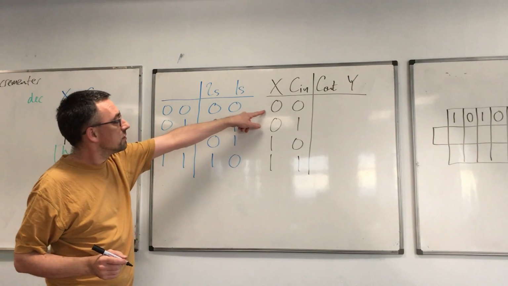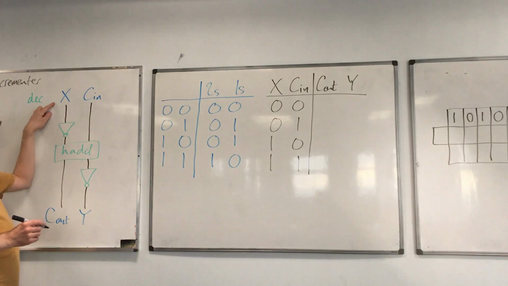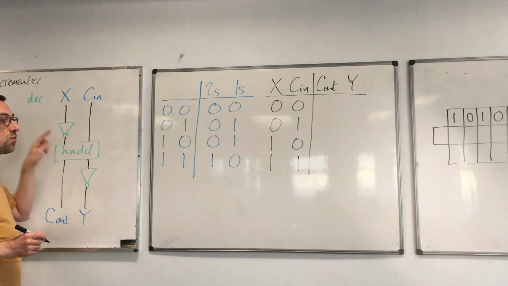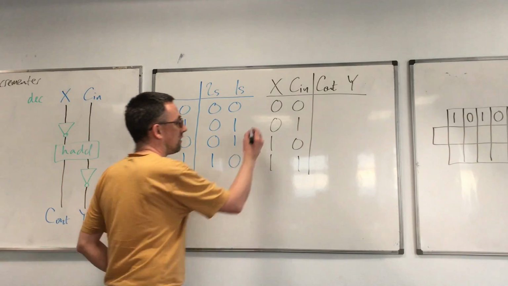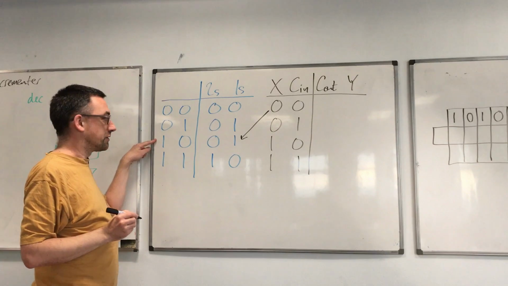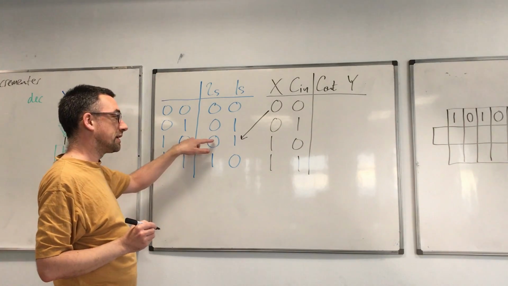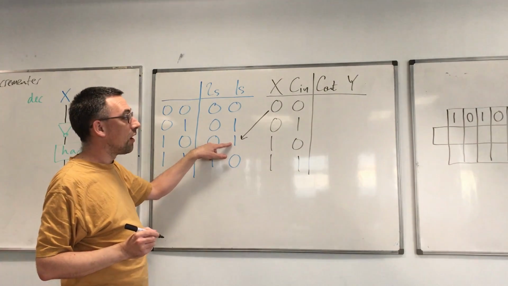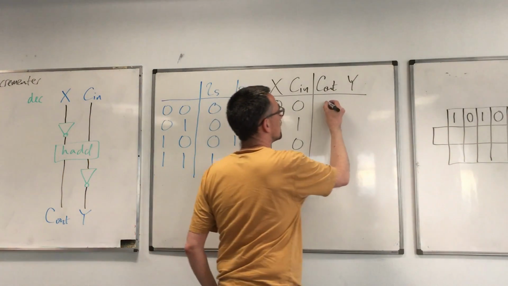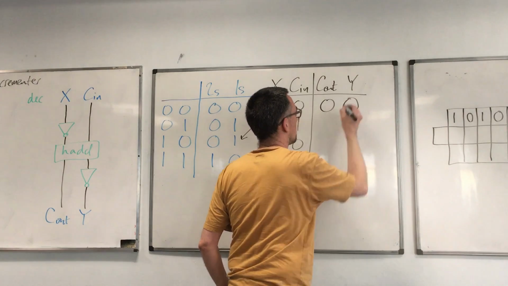So if 0, 0 comes into the decrementer, then the x signal gets negated. So 1, 0 goes into the half adder. We're in this row of the truth table. Correspondingly, 0, 1 comes out of the half adder, and then the 1 gets negated to give us 0, 0.